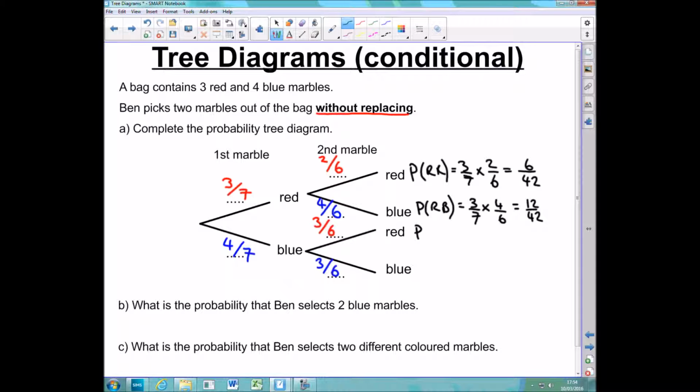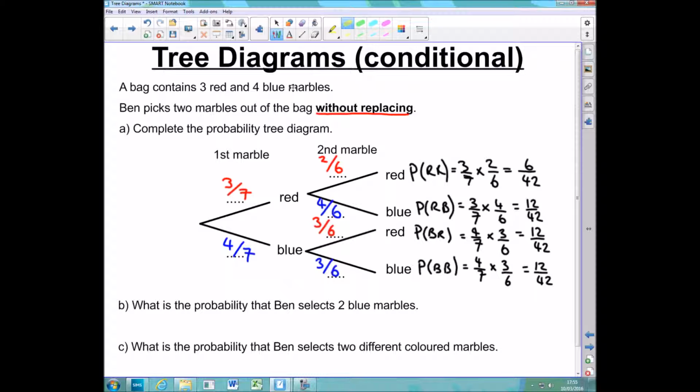We're now going to do the probability of blue then red, and this time we've got 4/7 multiplied by 3/6, which is 12/42. And finally, we've got the probability of blue and blue, which is 4/7 multiplied by 3/6, which is 12/42.